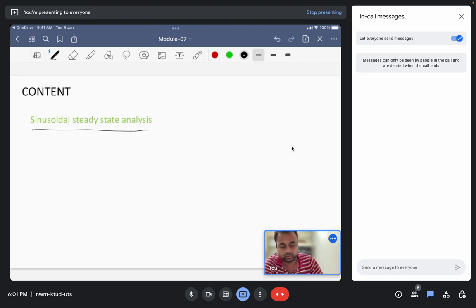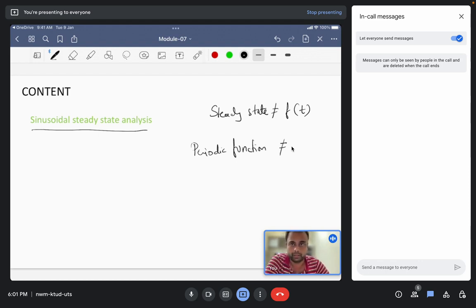Generally, steady state means that it is not a function of time. So a given equation is not a function of time. But when we are talking about sinusoidal steady state, this means that it is a periodic function, which will be repeating itself across the time period.